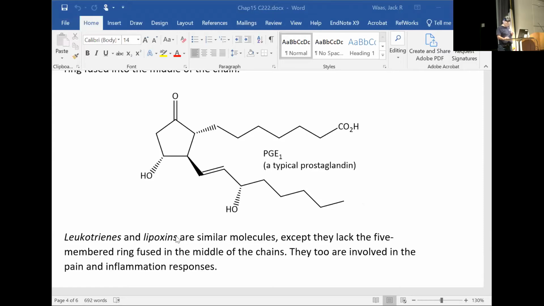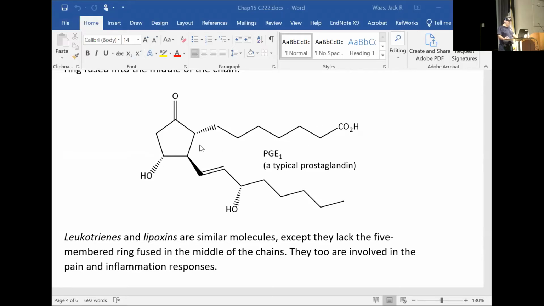I admit I don't know too much else besides these, other than that, like prostaglandins, they're involved in the pain and inflammation responses. They look very similar, but I think what makes prostaglandins like leukotrienes and lipoxins is you see other functional groups, like this ketone, like these alcohols, along the fatty acid chain. My understanding, at least, is that's what makes them similar.